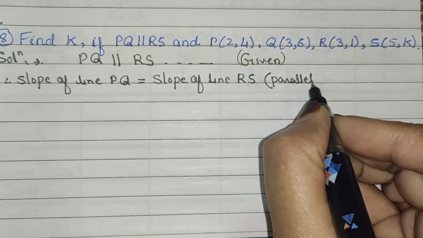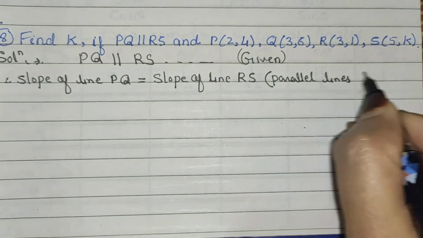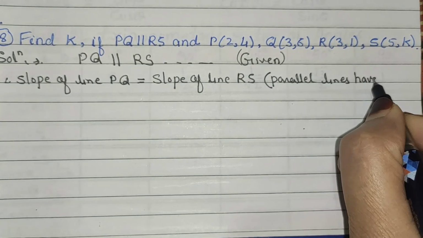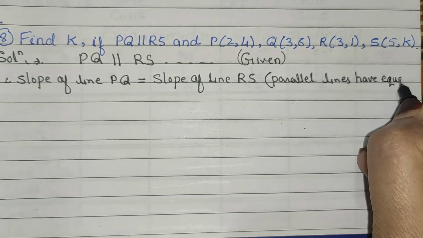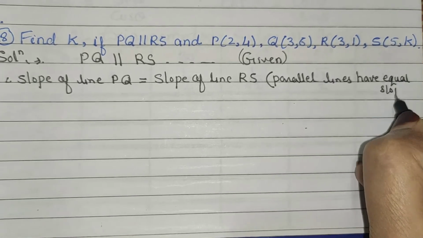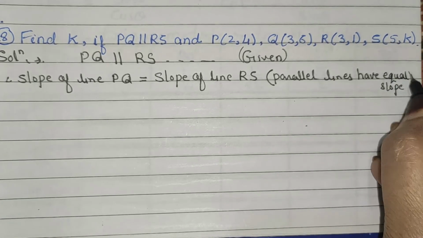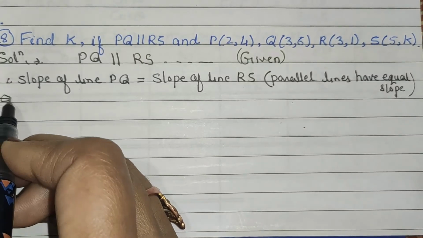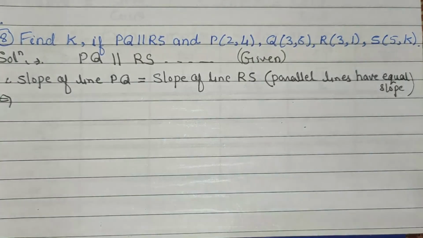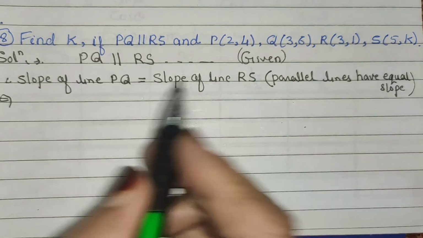Write down here. Parallel lines have equal slope. Now, slope of line PQ is equal to slope of line RS.